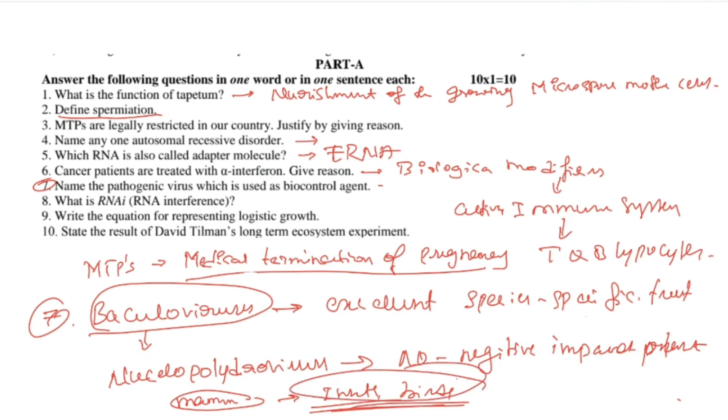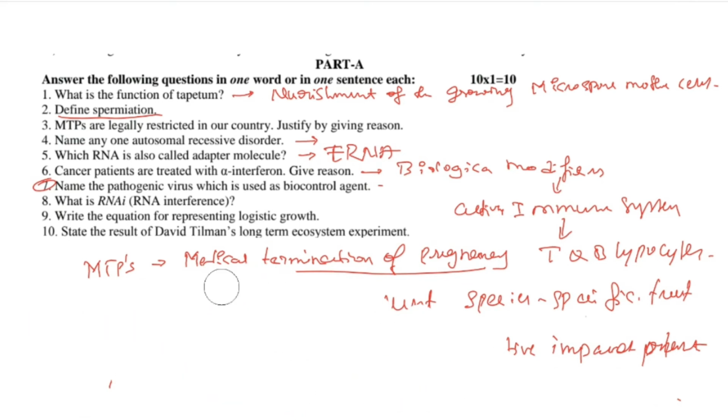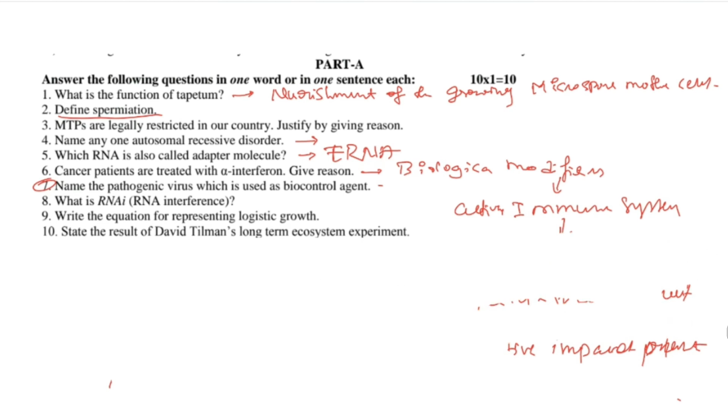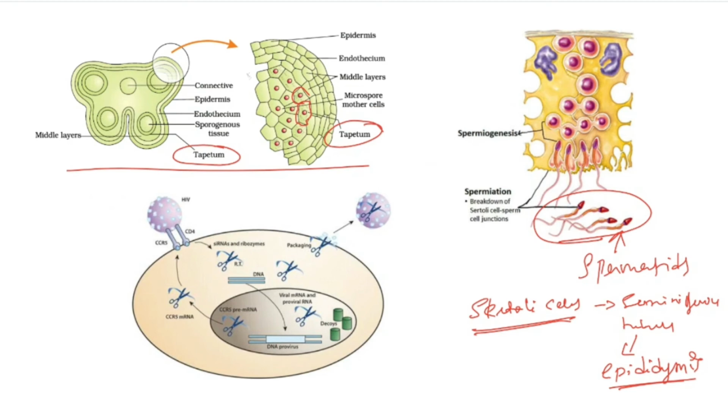Okay, so next one is what is RNAi, or it is termed as RNA interference. Let's learn it. So first let's know what RNA interference is. I'll just show you a diagram here.